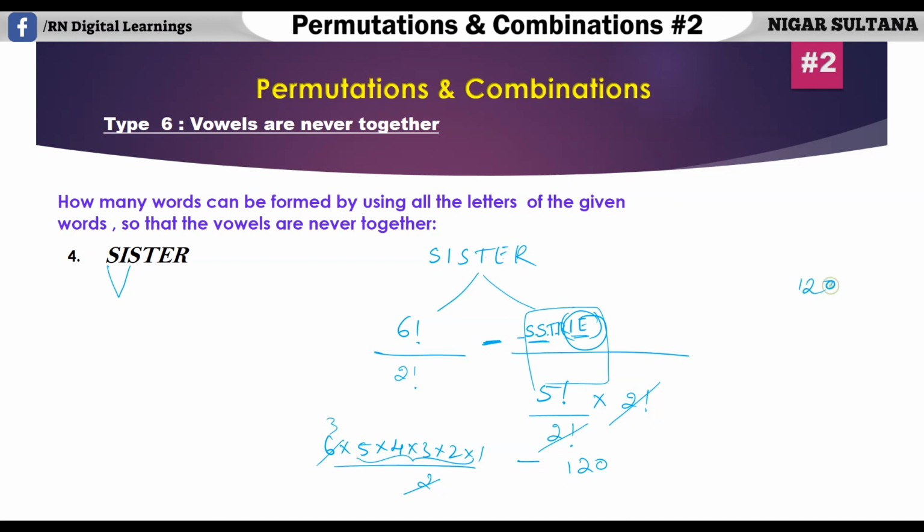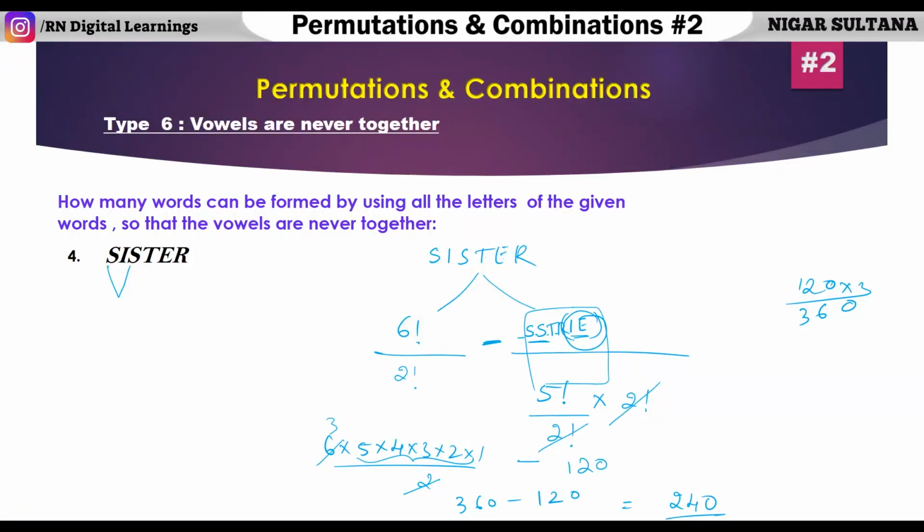That is 120 into 3. 3 into 0 is 0, 3 twos are 6, 3 ones are 3. So now 360 minus 120. So what is the value? It is 240. So this is the answer for this sister when the vowels are never together.